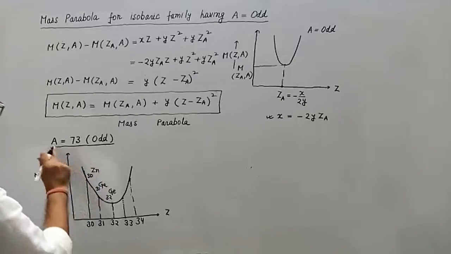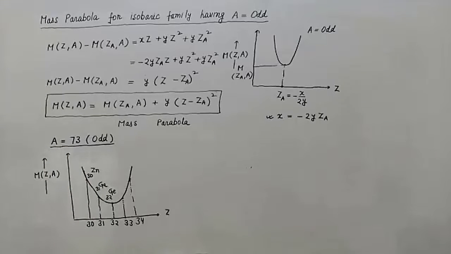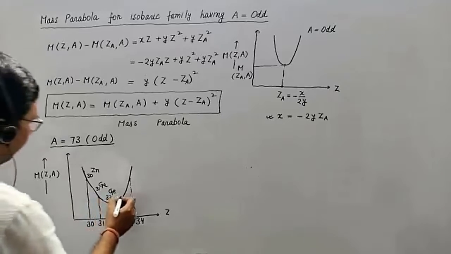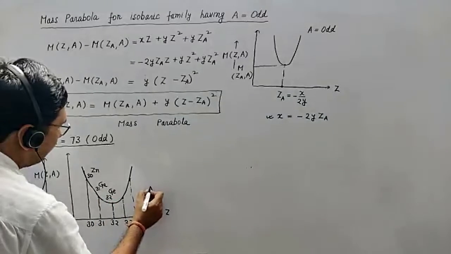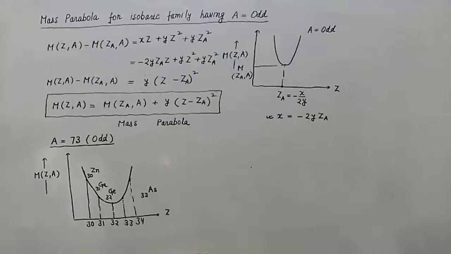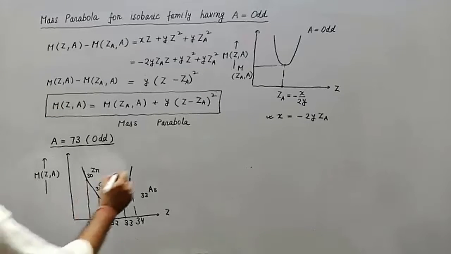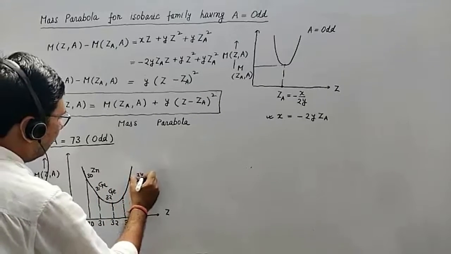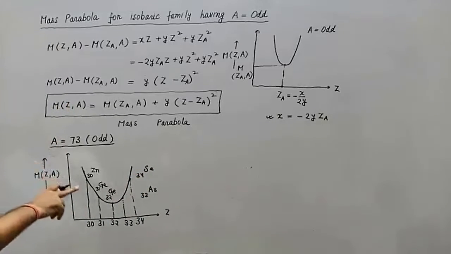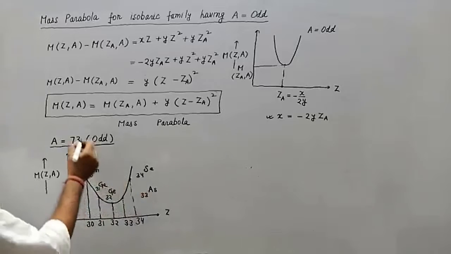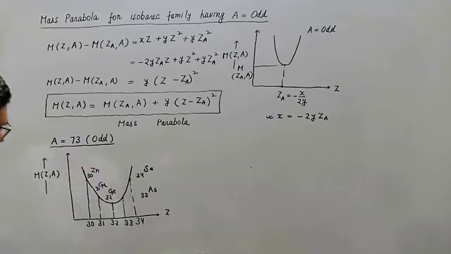These are different members of the A equal to 73 isobaric family. This will be 33As, and the last member is 34Se. The mass number of all these members is 73.